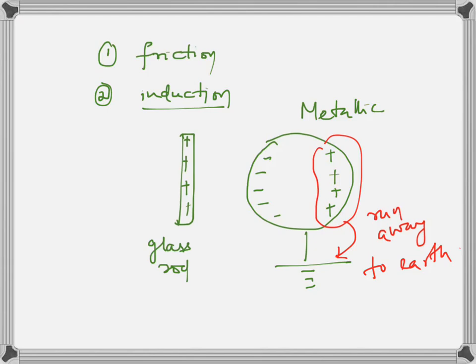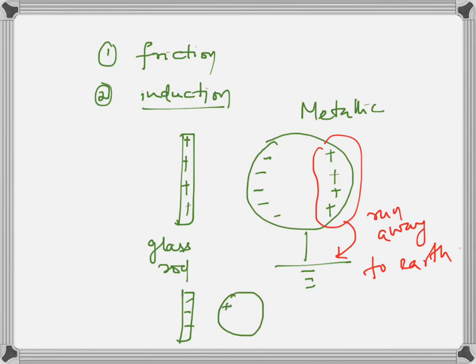Of course, you might ask a question, why do only positive charges go into earth? We will discuss that a little later once we go into more advanced concepts of electrostatics. Of course, if you have a different situation where, instead of a glass rod, I have the ebonite rod which is negatively charged, and I bring a metal.